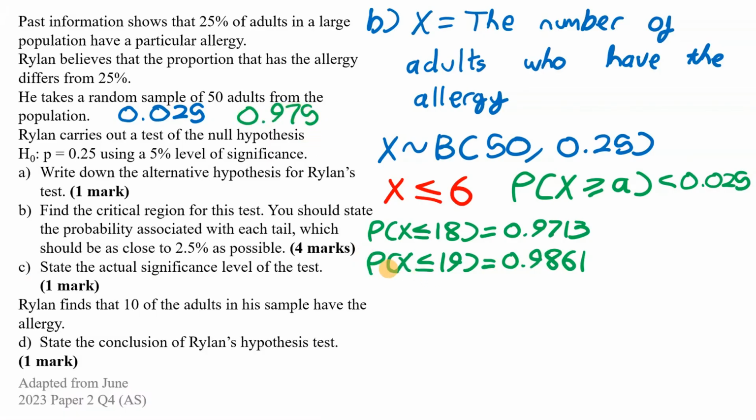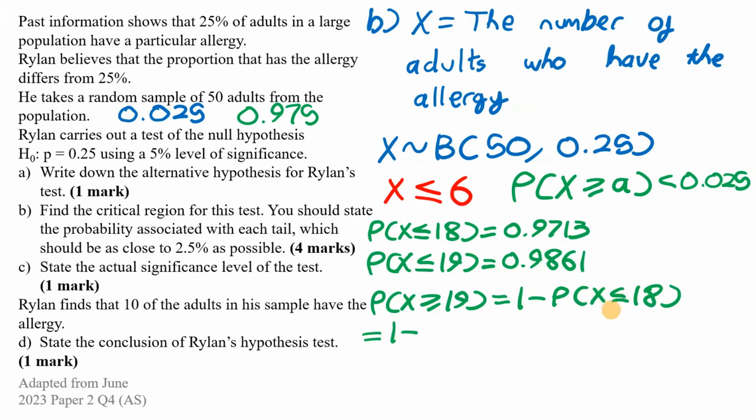So if we consider the probability that x is bigger than or equal to 19, this is of the format the probability that x is bigger than or equal to a. The way we figure this out, this is equal to 1 minus the probability that x is less than or equal to 18, which we figured out is 0.9713.